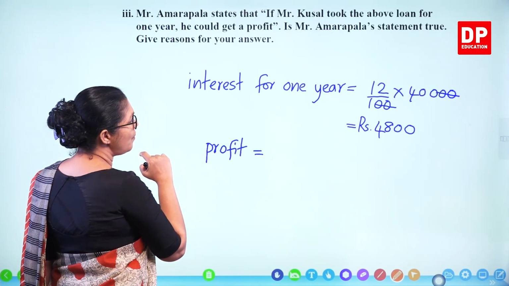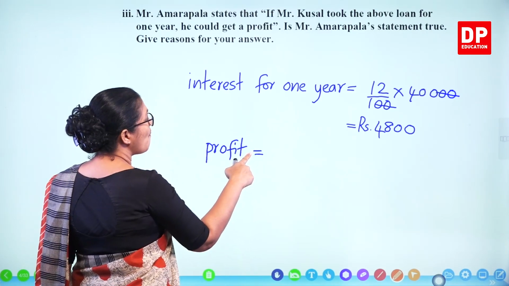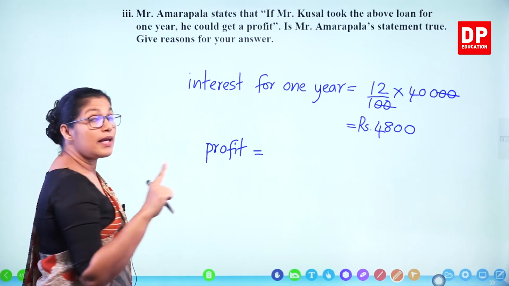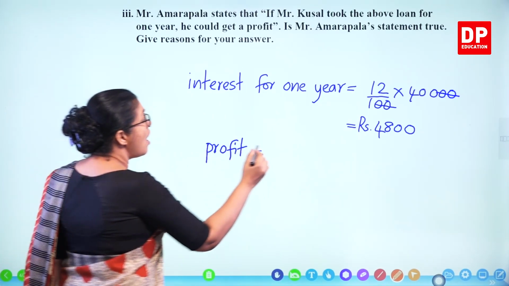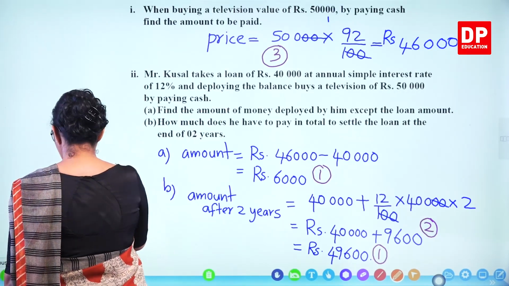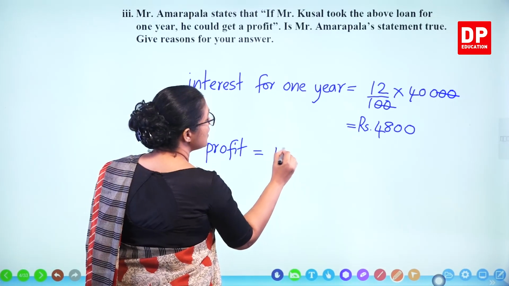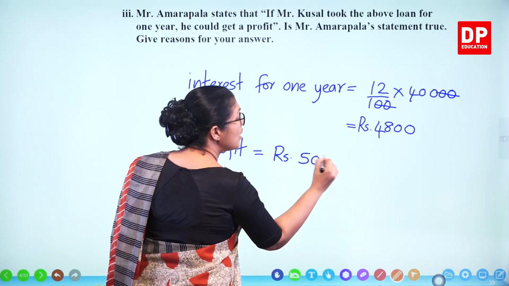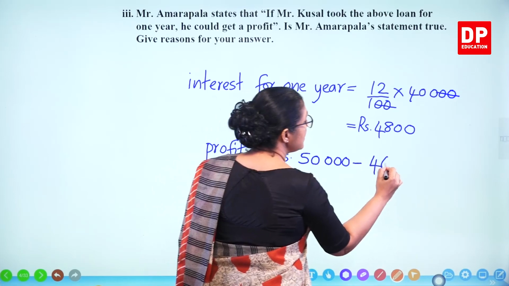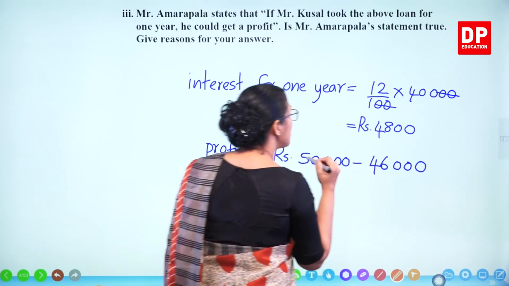The profit is equal to the 8% discount he got. So 46,000 and 50,000, the difference. The actual price is 50,000, but he has to pay 46,000.